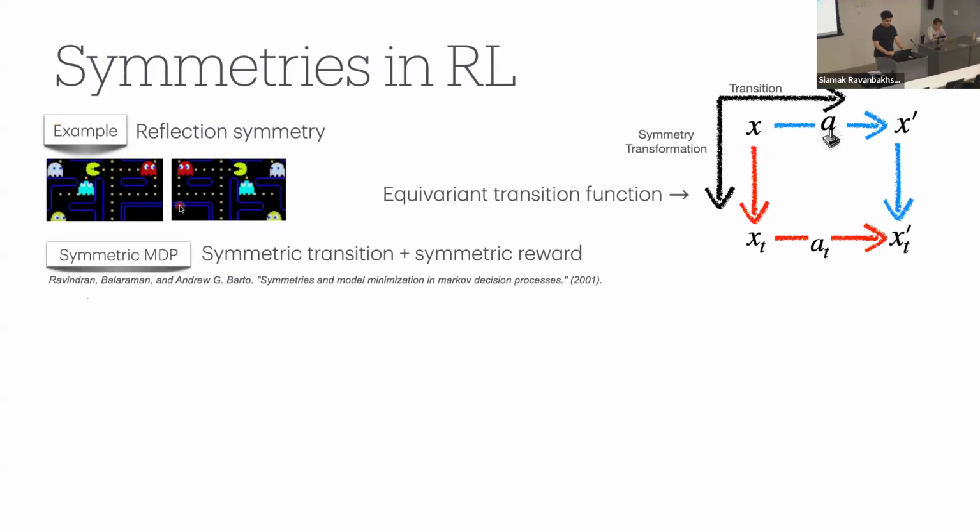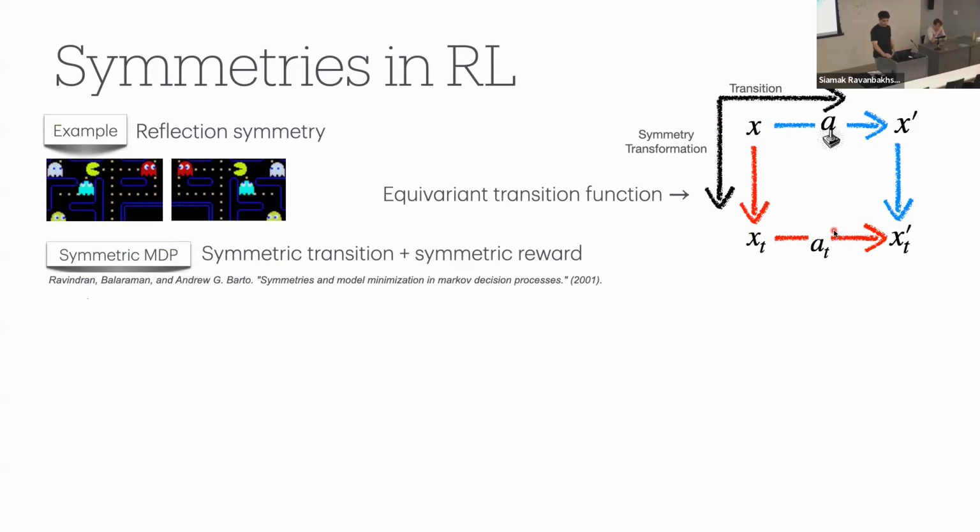This means that you have a symmetric MDP, basically. You have symmetric transitions and symmetric reward, meaning that if you go to the next state and then do a reflection, it's the same as first doing the reflection and then going to the next state using the reflected action. So you have a diagram that commutes.